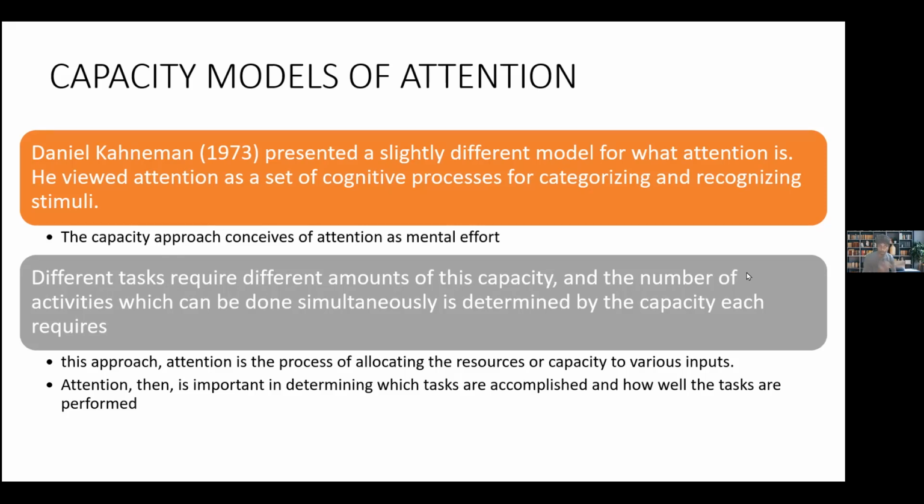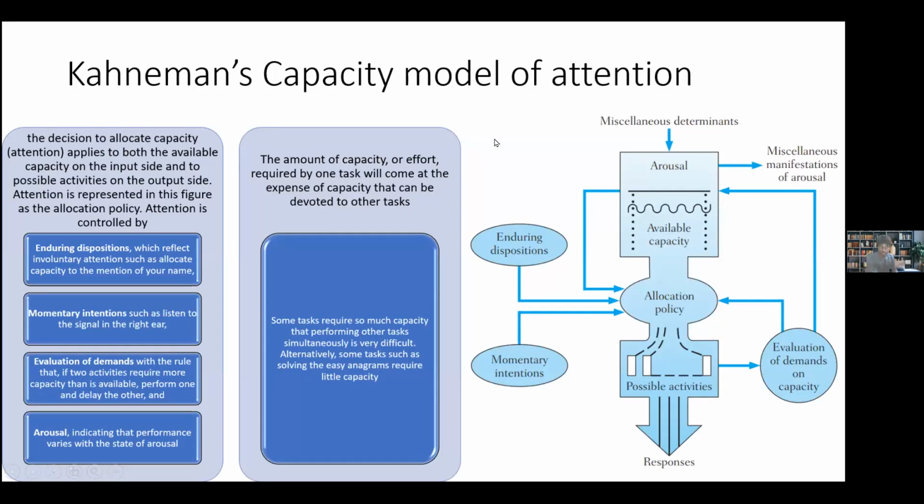So the amount of attention that you allocate to different tasks depends on the task difficulty itself. So he has given this model, and it depends on several factors. The first factor is arousal, as in if you're very alert, you have a lot of energy to allocate to different tasks.